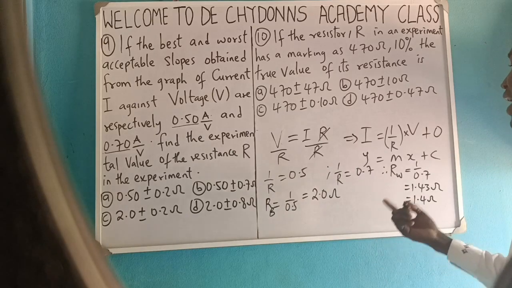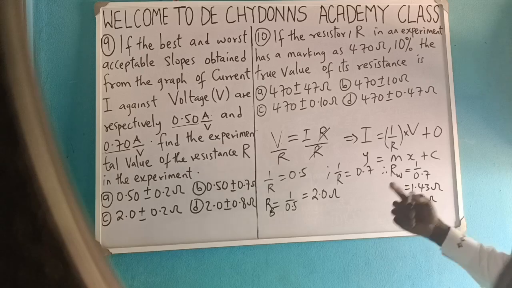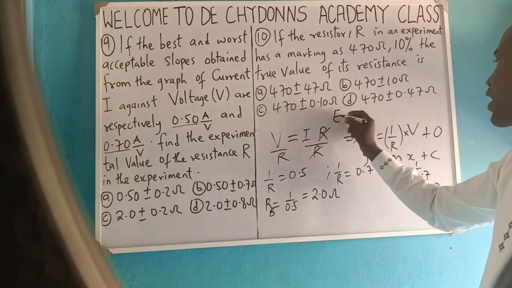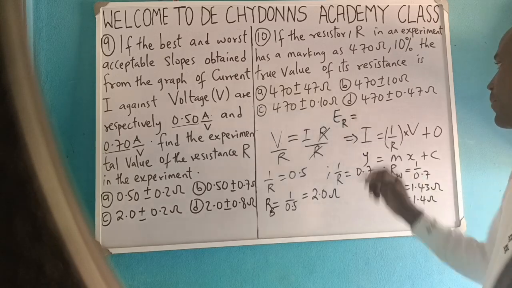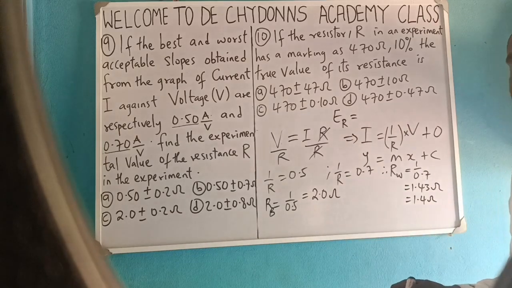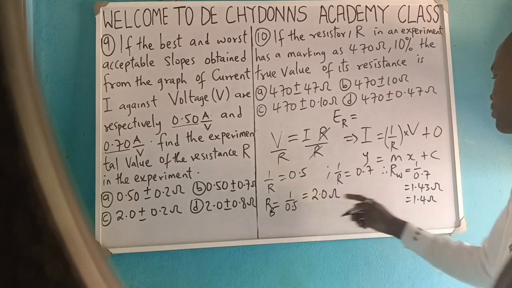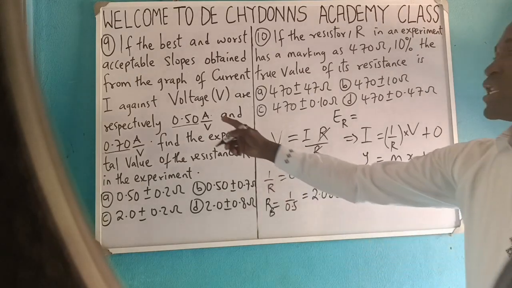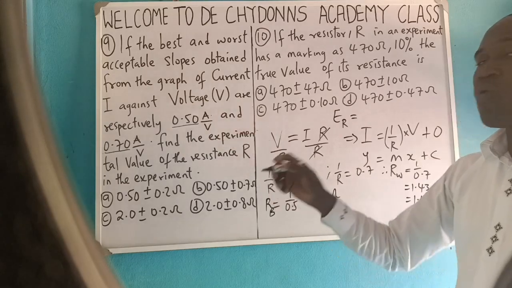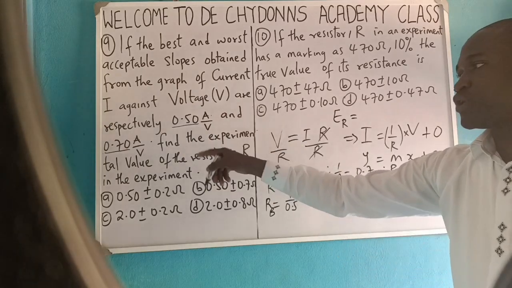Now, how do we get the error encountered? The error in getting the resistance here, because we got this from slopes, and they didn't give you the maximum error or the standard error, the one we use to write plus or minus.